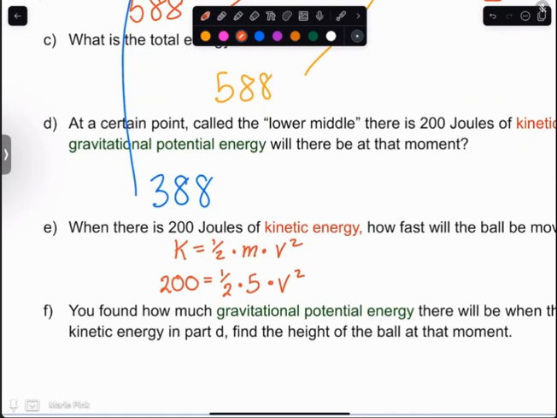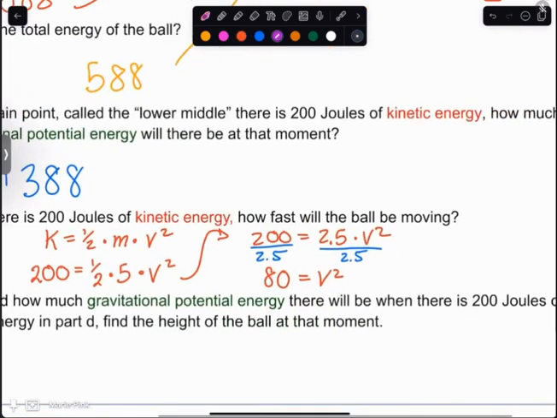My recommendation is to rewrite this as 200 is equal to 2.5 times v squared, and then divide by 2.5. The reason is then you are way less likely to make math mistakes. So 200 divided by 2.5 is 80. So 80 is equal to v squared.